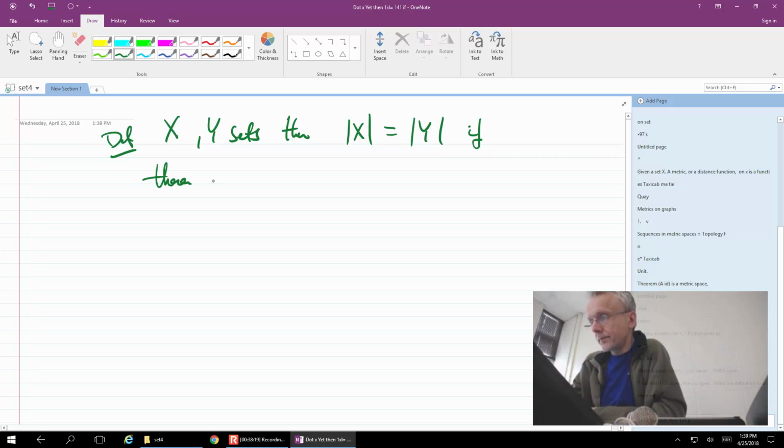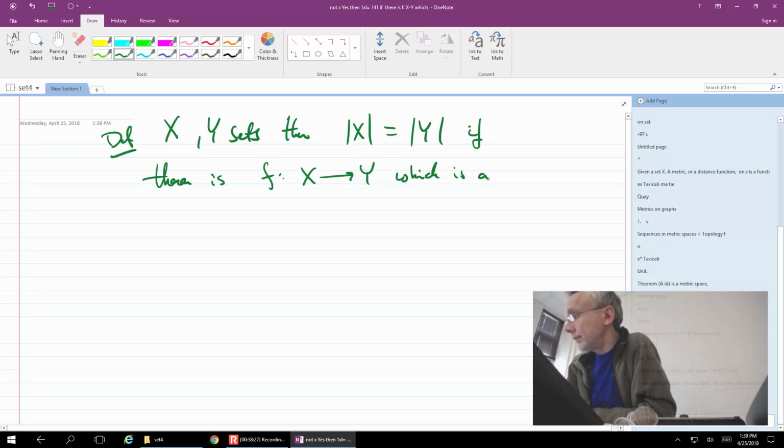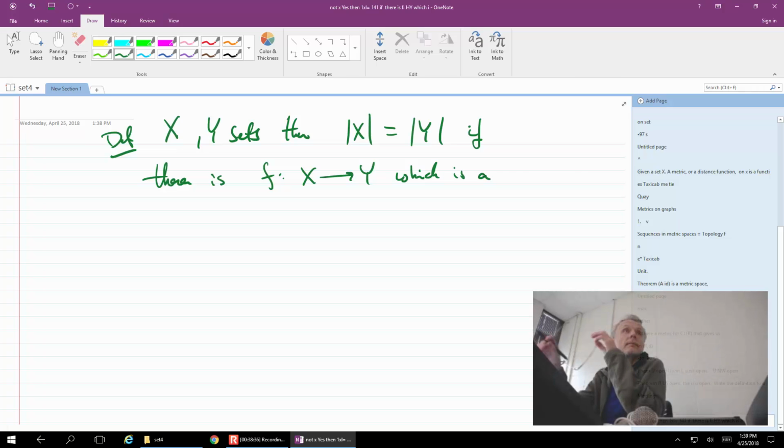There is a function, which is what kind?